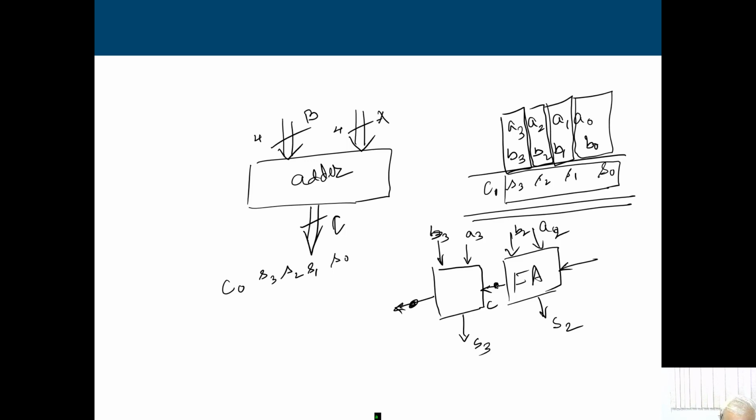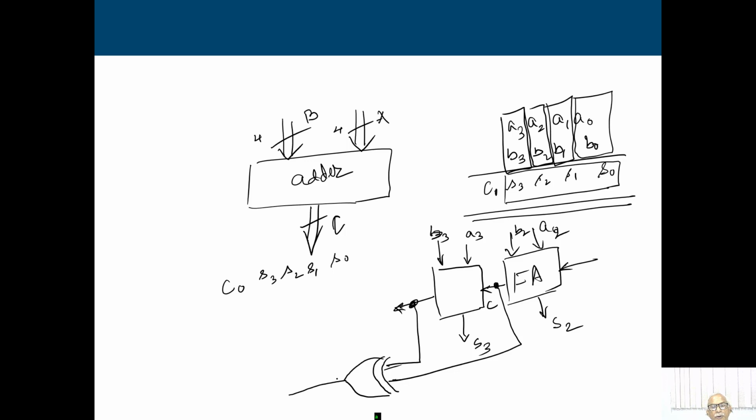So, in this particular case, I will take these two signals and use them to indicate whether we are getting an overflow or not. I simply use this particular gate. Now, what is this gate? This is exclusive OR. What is the behavior of exclusive OR?